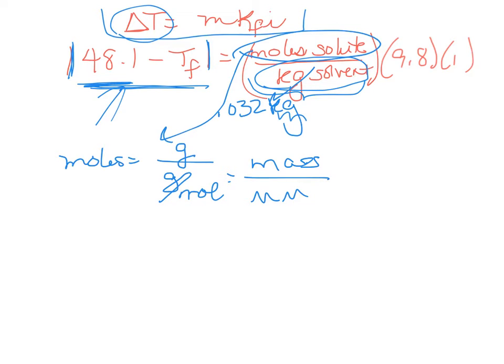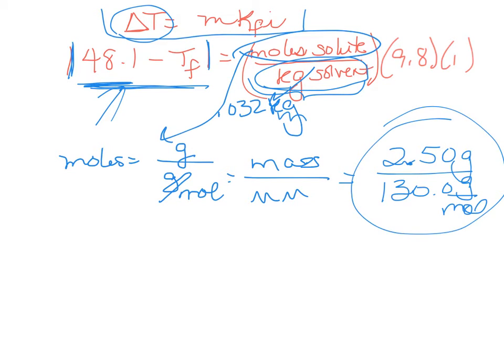In our problem, the mass was 2.5 grams, and the molar mass they gave us was 130 grams per mole. So doing this division will give us the moles of solute we have. And that equals 0.0192 moles of solute.